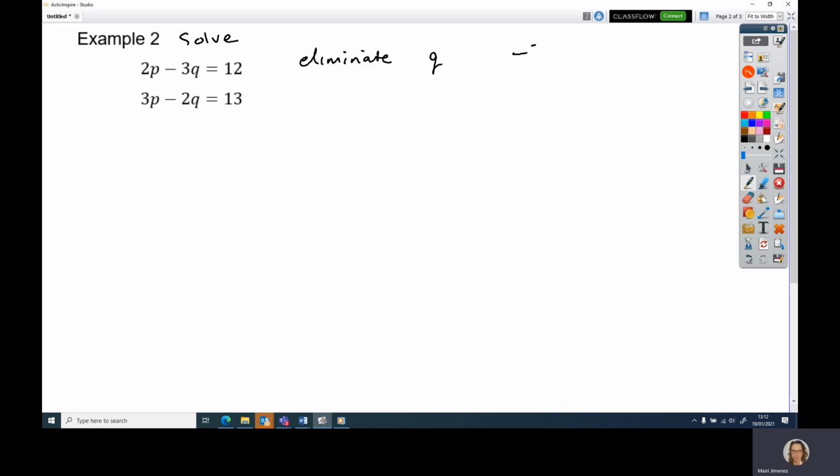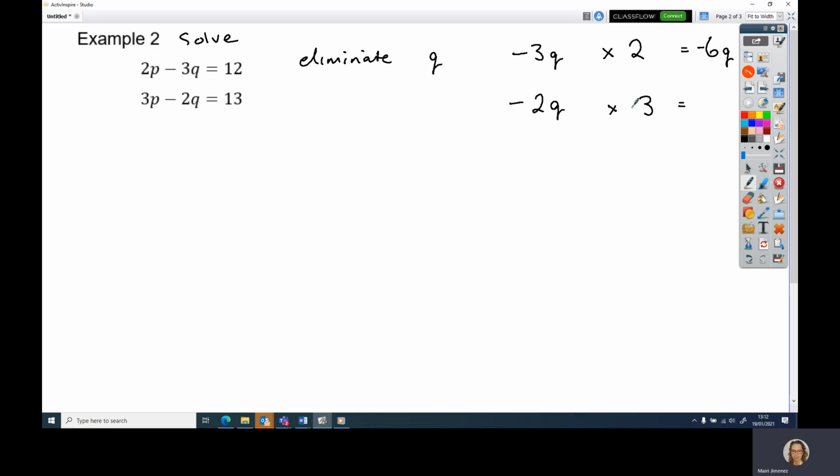So I'm working with -3Q and -2Q from equation 1 and 2. If I multiply by 2 and by 3, I will end up with -6Q and another -6Q.